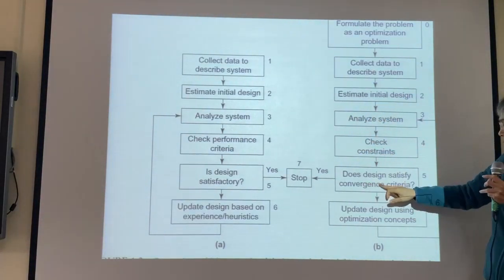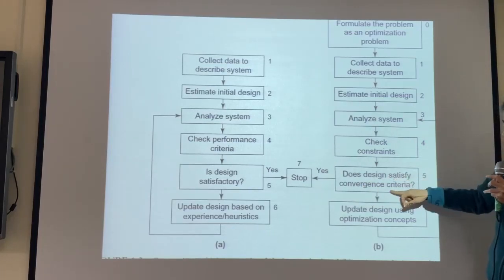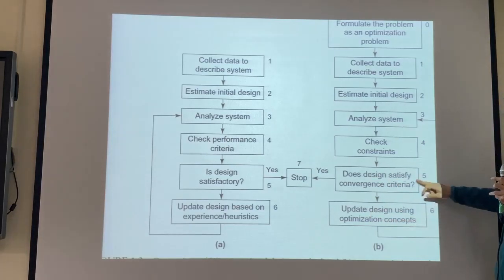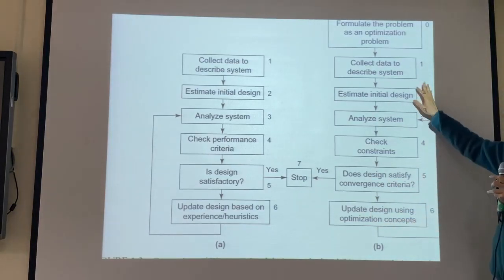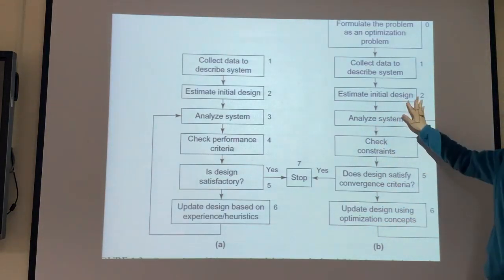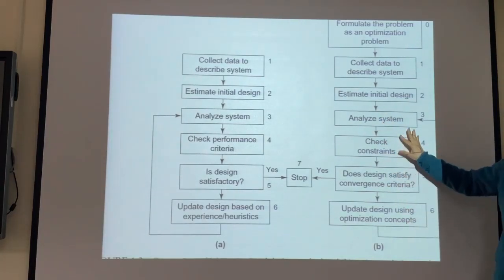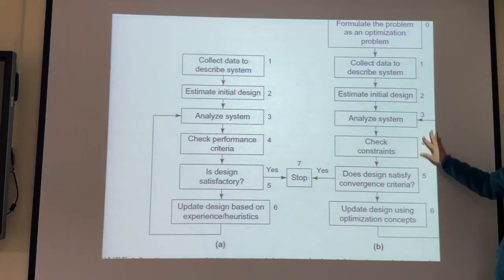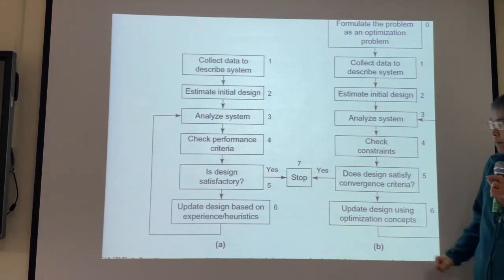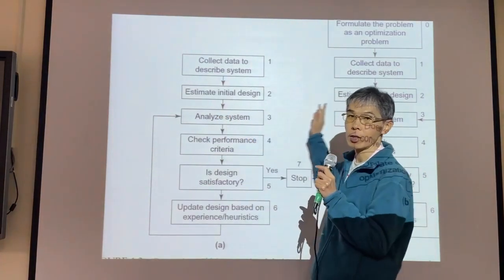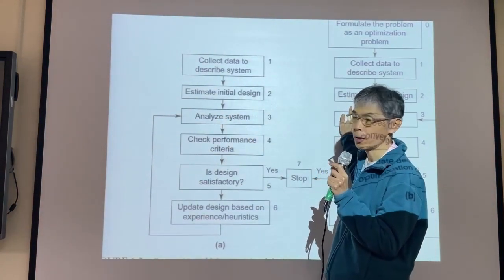Then if the design satisfies the criteria, yes, stop. Otherwise, update in the optimization process. So this one, we can use computer software, optimization software, to help us do this. Okay. Quite similar, but one is by human, the other one is by optimization software.